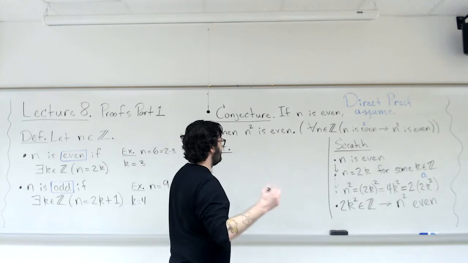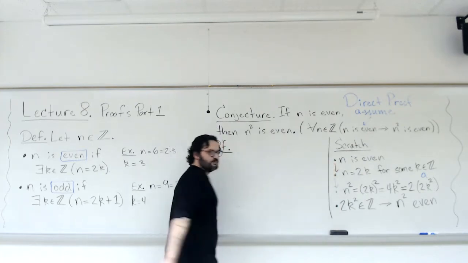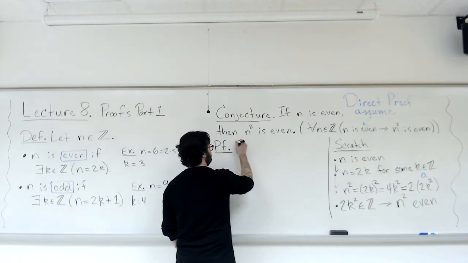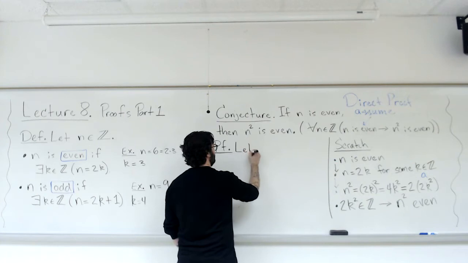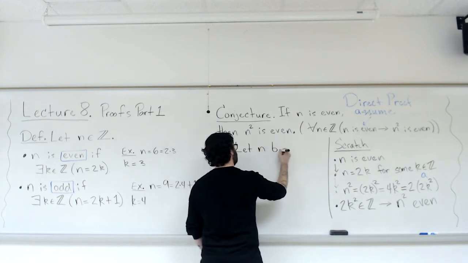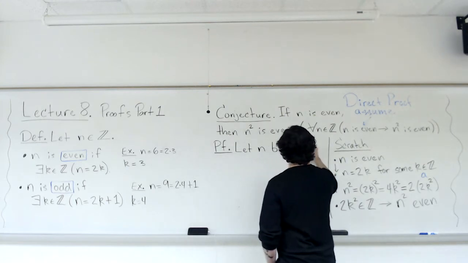Okay, I'm going to start the proof by elaborating more on that first bullet point. And by that I mean, I'm going to say, let n be an even integer.